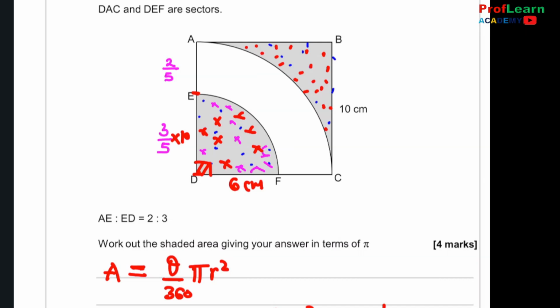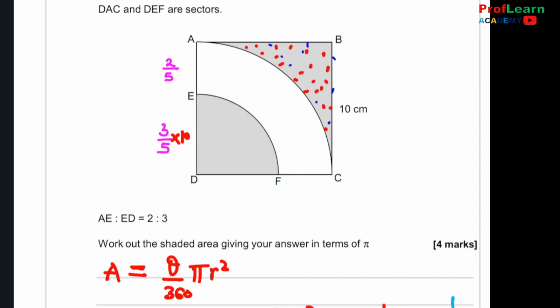This will cancel out, and then we shall have here ones, so the area of this sector is 9 pi. That's the area of this part of the sector here, 9 pi. So what's remaining is for us to work out the area of this sector, and then we add them together so that we can be able to get the final answer.